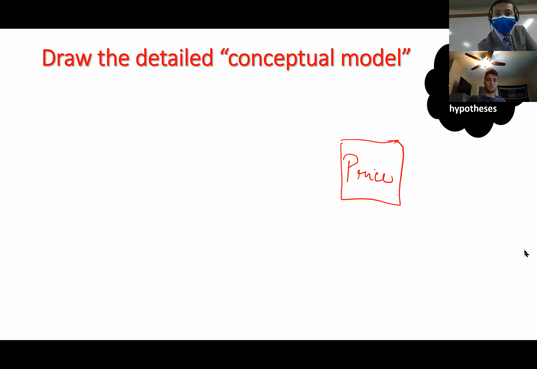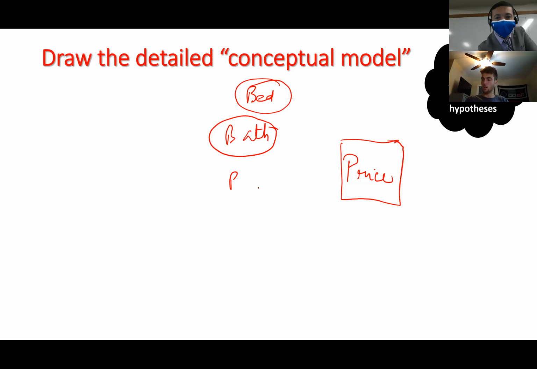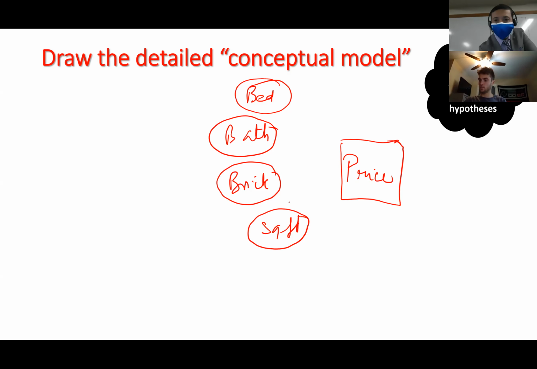But now you can specifically put in bed, bath, brick, square footage, offers. What's the other one? Neighborhood? Neighborhood.